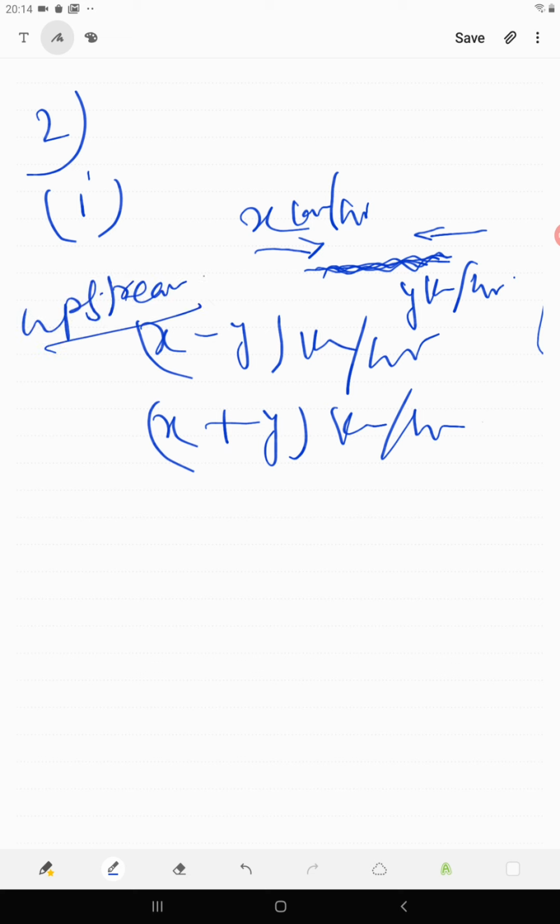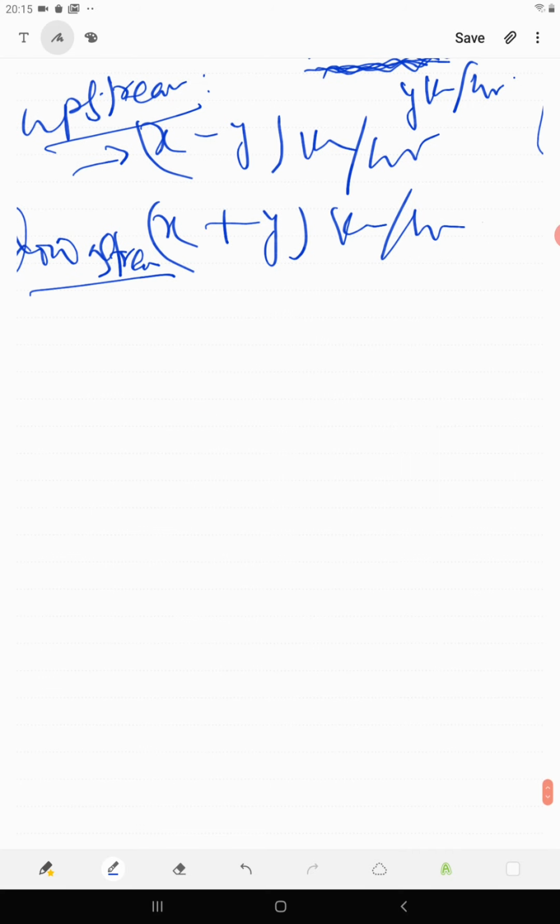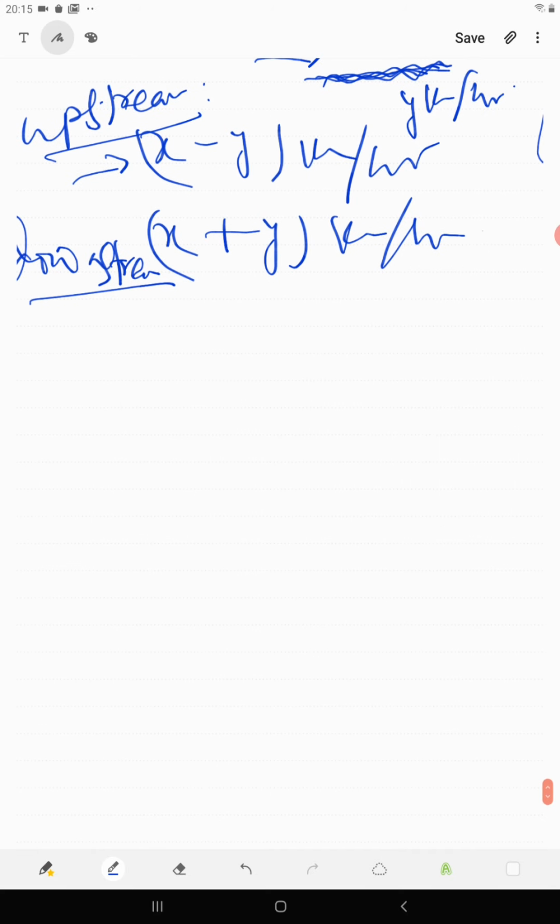Upstream relative velocity is x minus y, and downstream relative speed will be x plus y kilometer per hour. Okay, now what it is telling, Ritu can row downstream 20 kilometer in 2 hours and upstream 4 kilometer in 2 hours. So find her speed.